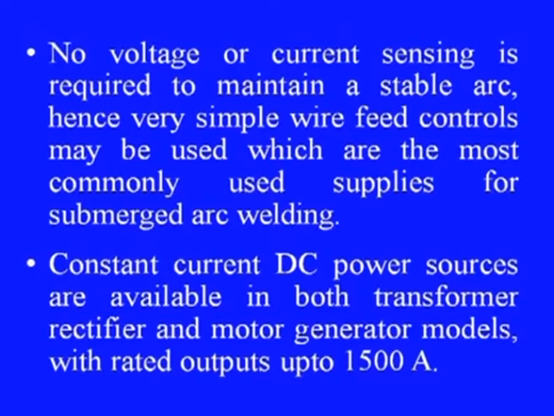Constant current DC power sources are available in both transformer rectifier and motor generator models, with rated outputs up to 1500 ampere. Now, let us see the alternating current power sources. Transformers are the most commonly used power sources in AC welding.